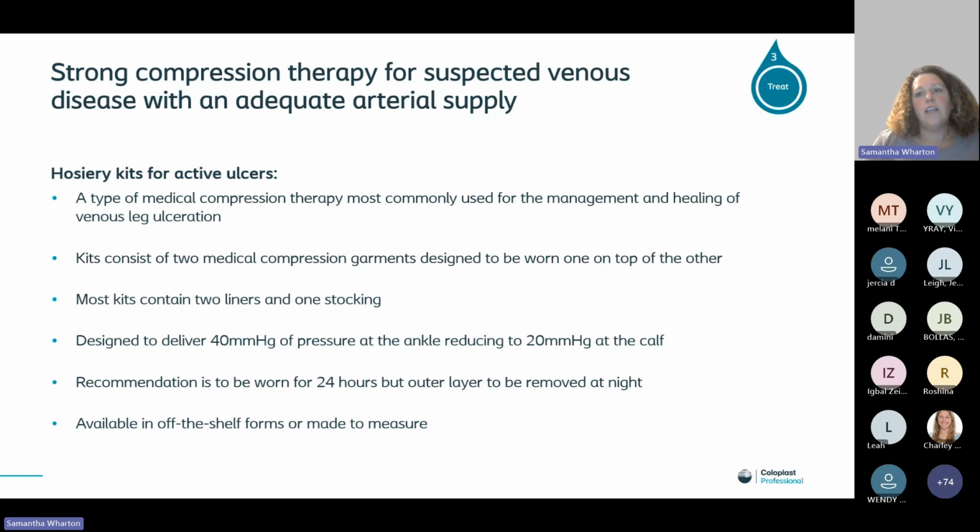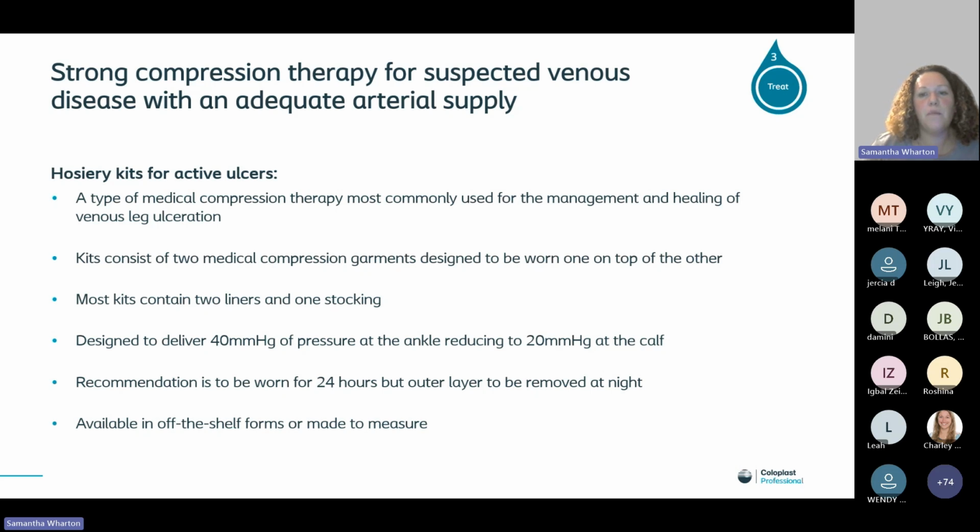And the National Wound Care Strategy also indicate the use of the hosiery kits. So it's a type of medical compression therapy most commonly used for the management and healing of venous leg ulcerations. And the hosiery kits are really good because for patients that are able to support themselves with that supported self-management, it's a way that they can ensure that they're getting that compression.